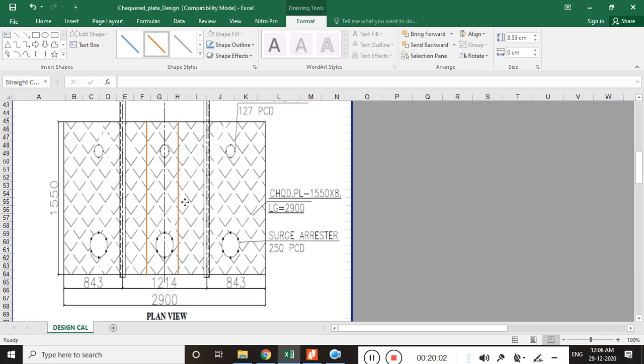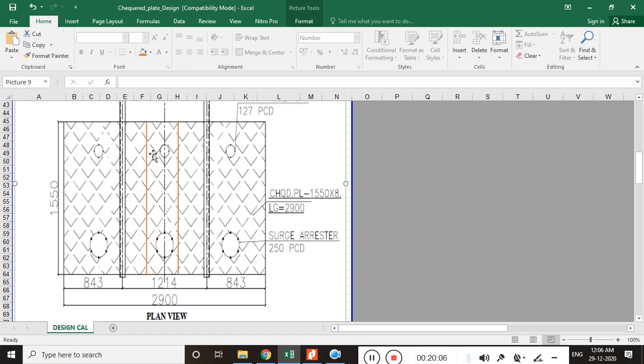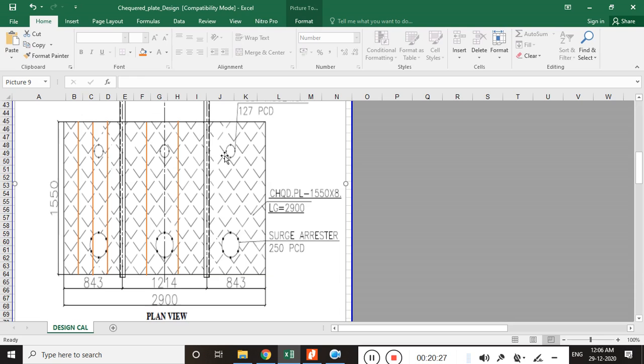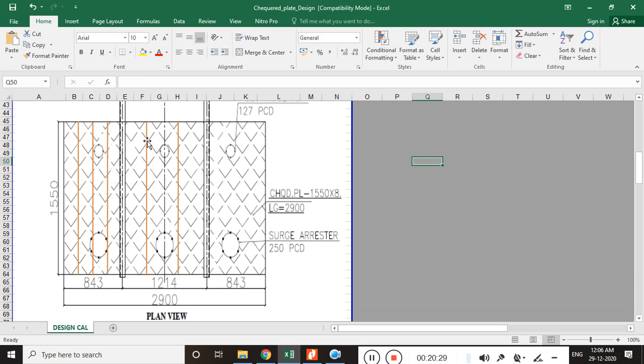So these supports we have to provide, basically these bottom supports, and for the cantilever span we need to provide more supports. One, two, three, four.